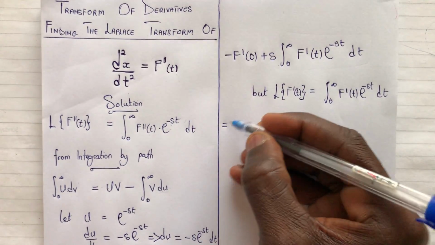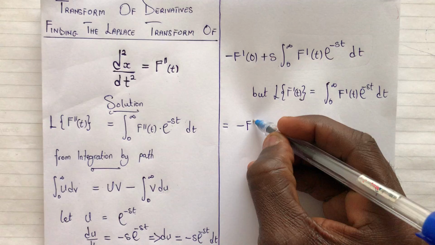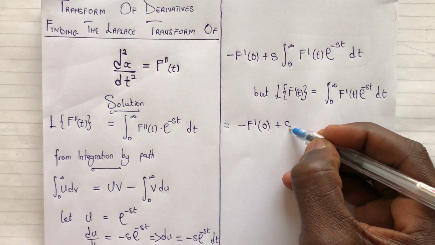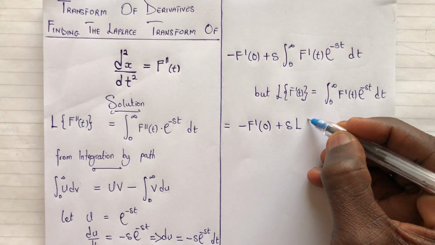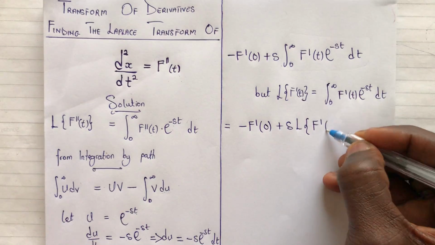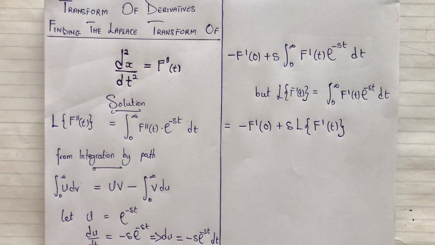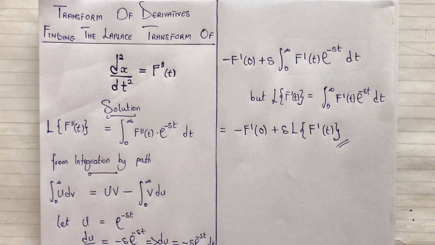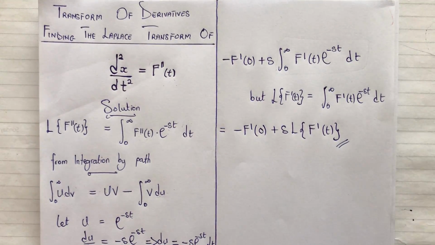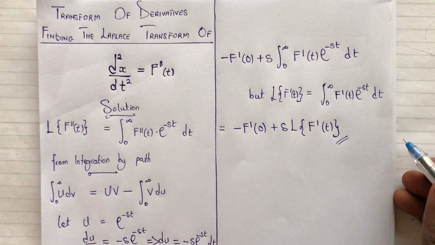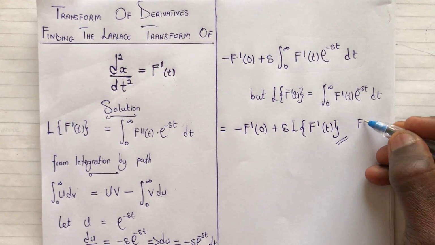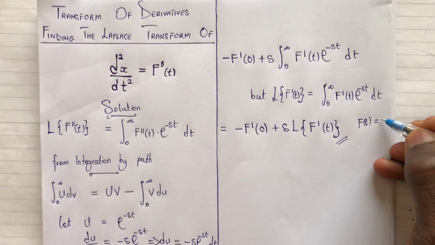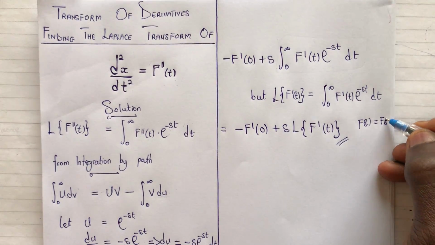So this result is giving us minus f1 of 0 plus s, then a Laplace of f bar of t. Okay, so this is it. Now I think you can leave your answer here, but we can also change this to notation. Remember that a Laplace transform of f of t is the same as f of s.